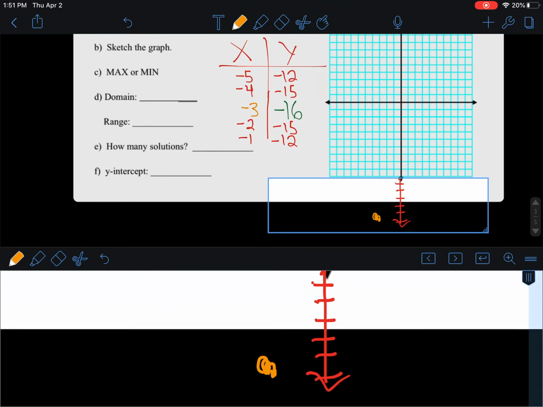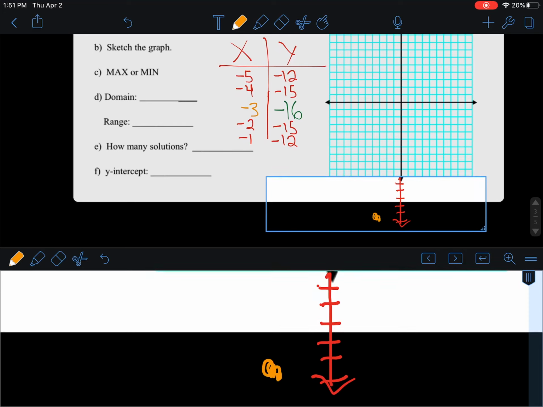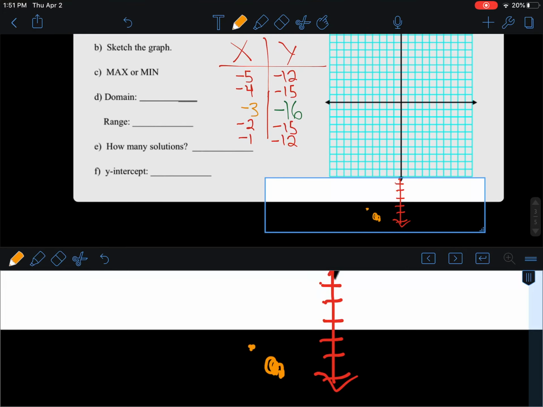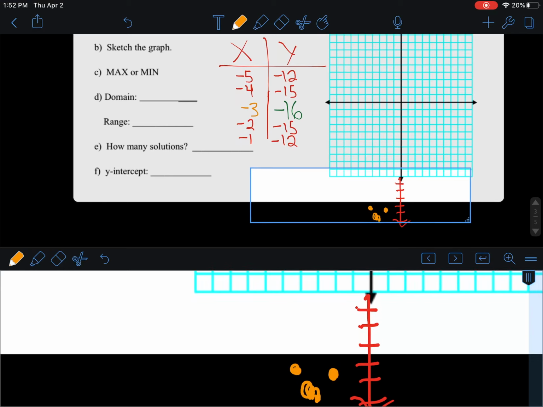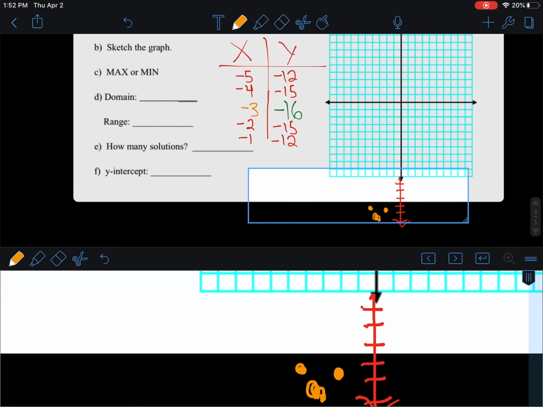Then you have to do -4, -15, which would be right about there, a little more in line with the -4. You're just eyeballing it here, so it might be a little bit tricky, but hopefully you're getting the idea. -5, -12 will be right about here, and then -1, -12 will be right here. I'm going to go ahead and graph it.